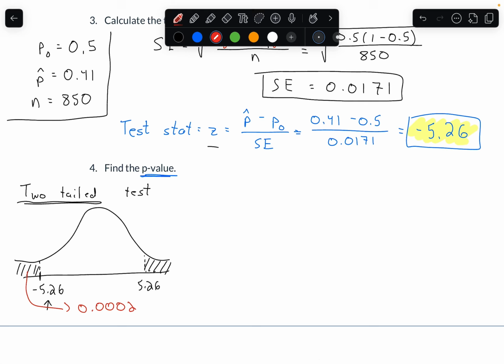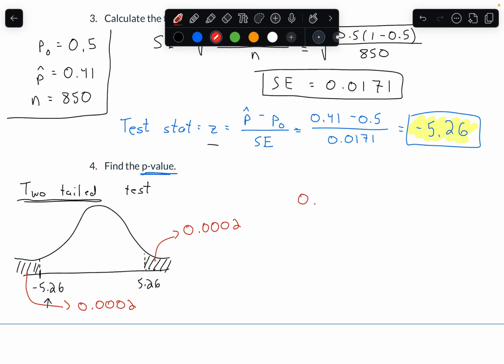We said this is a two-tailed test, which means that this area is also 0.0002. For this two-tailed test, you can do one of two things. We can either just add these two together and say 0.0002 plus 0.0002, or you could say, well, that's the same as just taking 0.0002 and multiplying it by 2 because we have 2 areas over here.